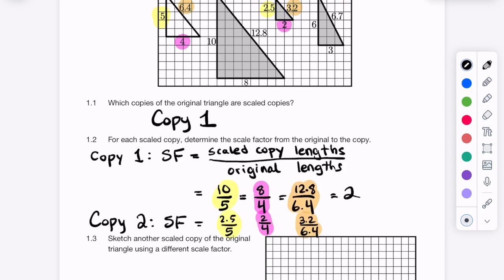Okay, and then let's see, are these equal? And if we divide these on a calculator or some other way, we're going to get yes, that these are equal. They all have a value of 0.5. So again, since those are equivalent ratios, the ratio is telling me what my scale factor is, and both copy 1 and copy 2 are scaled copies.